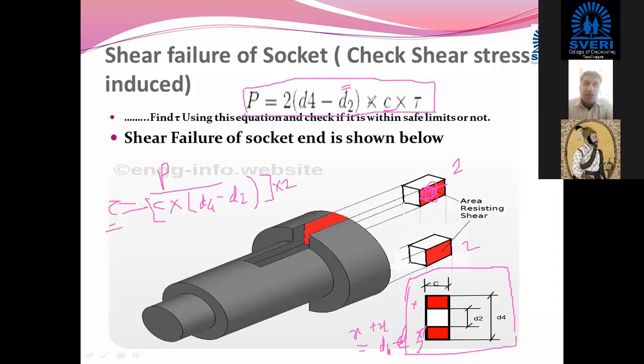Both values you can put here and you can find D4, because that will be unknown. If the shear stress limit is given in the problem statement, and the load which we have to apply is also given, then we can calculate this D4 value.